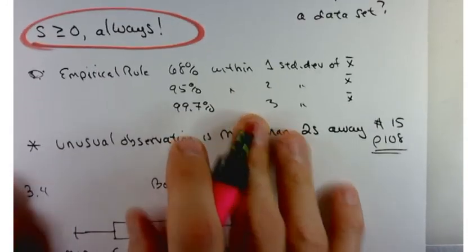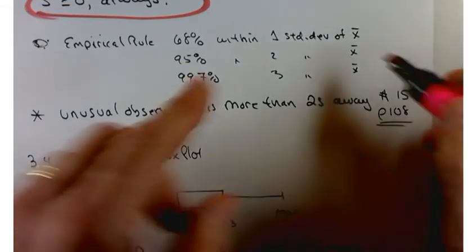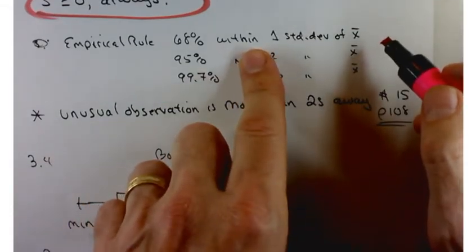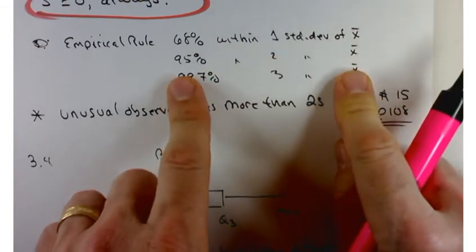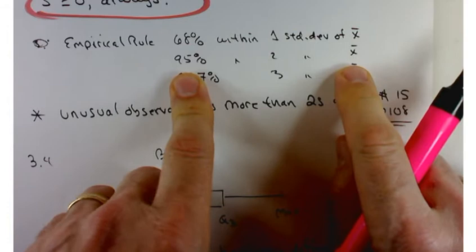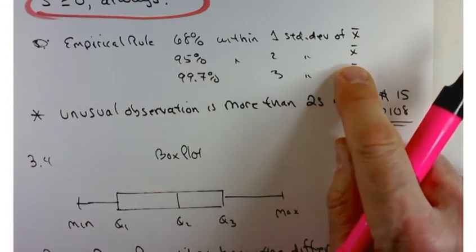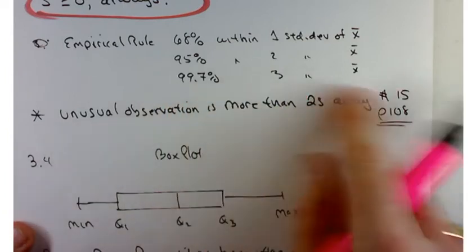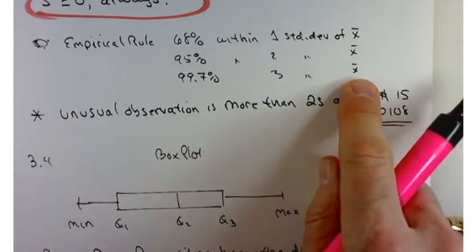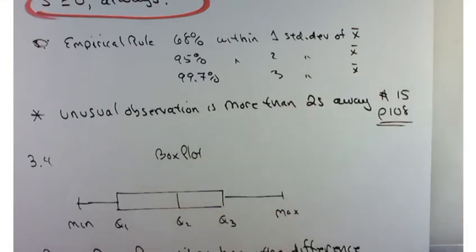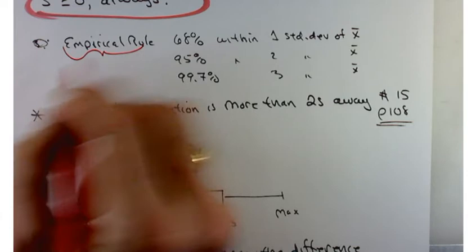Now, with the standard deviation, we had what was called the empirical rule. Most of your data is going to be within one standard deviation, 68%. An even greater portion of your data is going to be within 2 standard deviations, 95%. And then almost all of your data is going to be within 3 standard deviations of the mean. Now, the empirical rule applies if your data has what kind of shape?